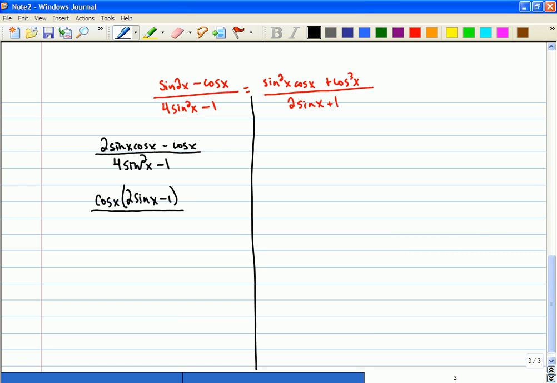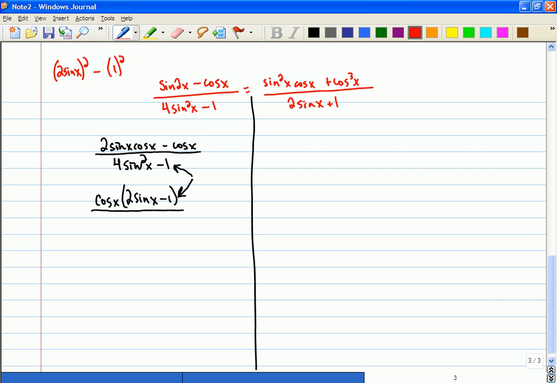And on the bottom, I can actually see, now that I see this is part of my proof, I'm going to take a look here. This is a difference of squares. That's like 2 sine x squared minus 1 squared.